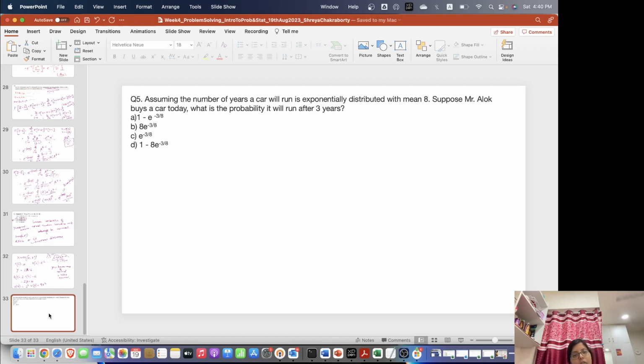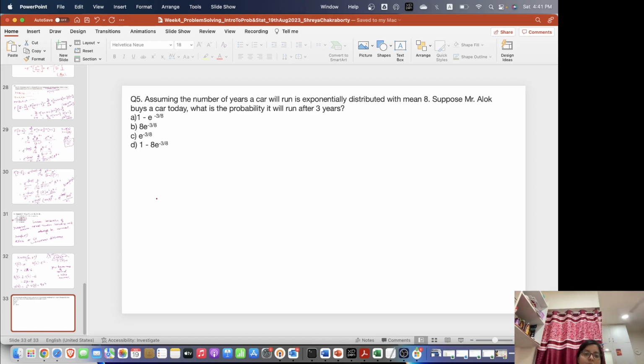Here we have been asked to assume the number of years a car will run is exponentially distributed with mean 8. Now suppose Mr. Alok buys a car today, then what is the probability it will run after 3 years?